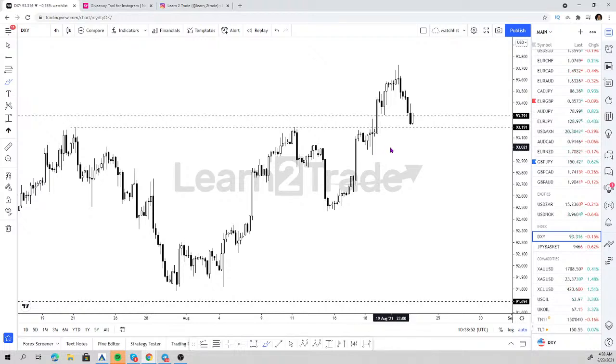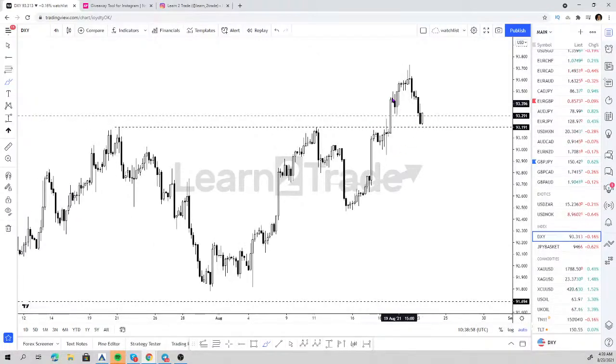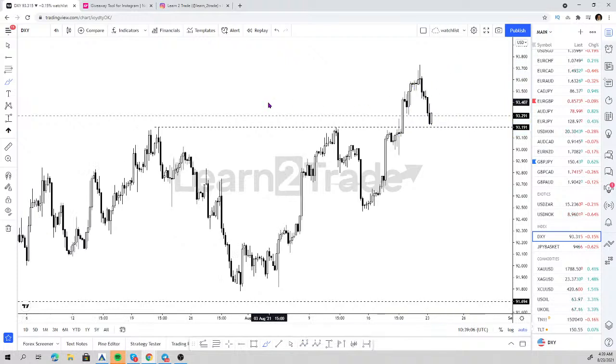Not holding, but I'm keeping that buy order, that pending order, that buy stop. Why? Because the USD seems to be just retesting these previous broken highs for the next leg up. Anything above the 93 level to me, 93 to 93.16, or these highs right here, is bullish on the US dollar.